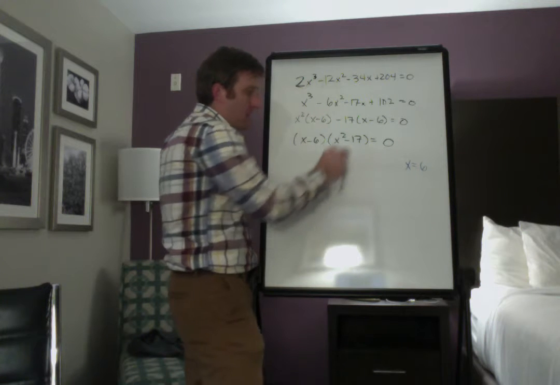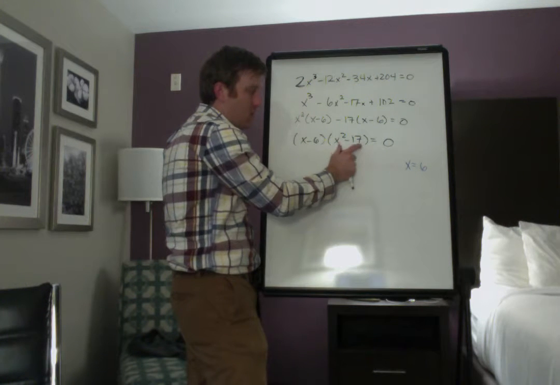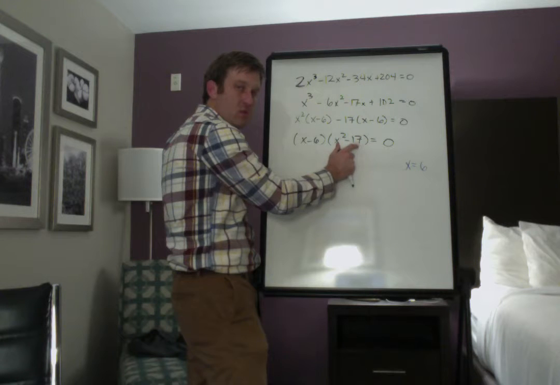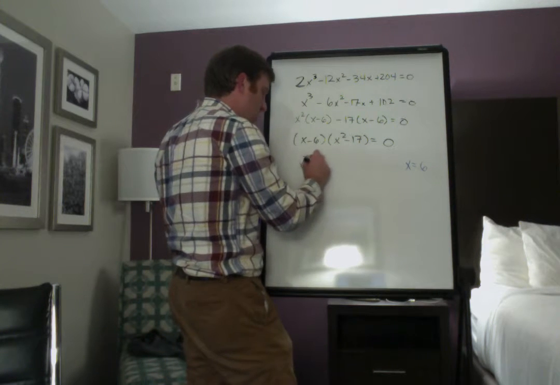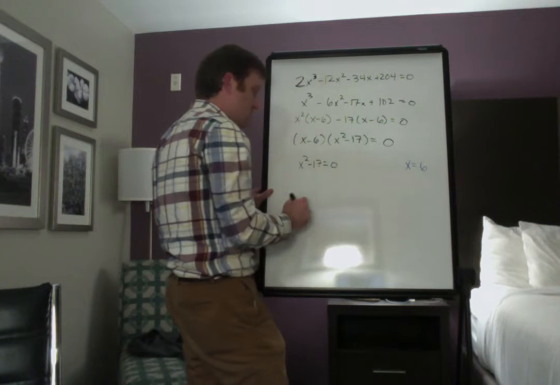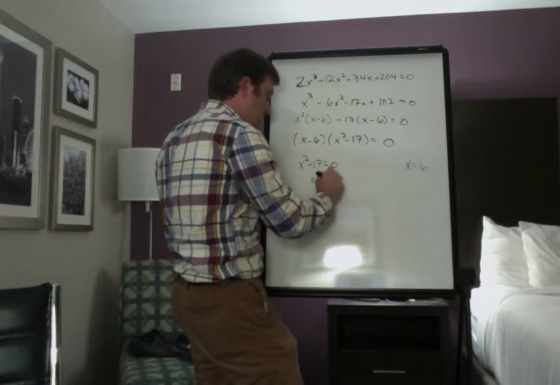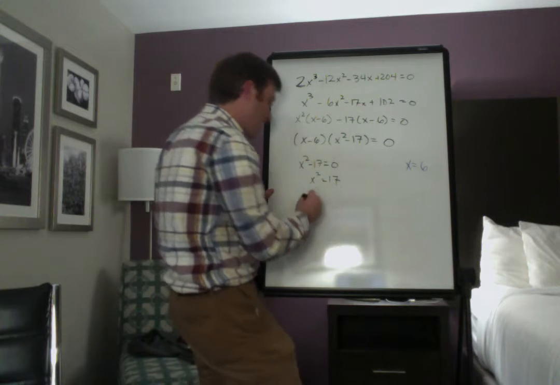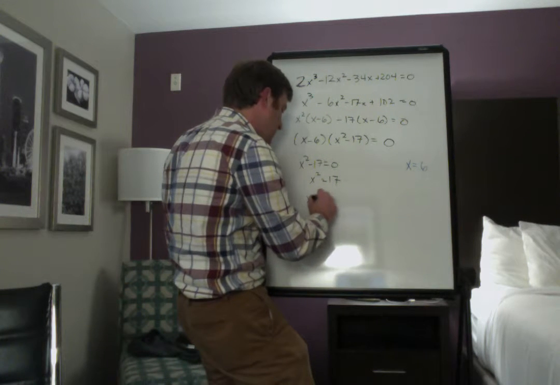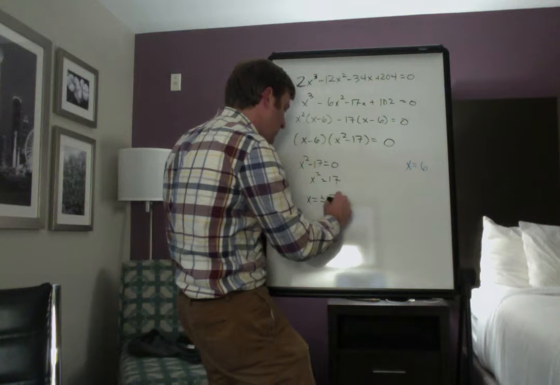Okay? 17 is not a perfect square, so this isn't a difference of squares. So I'm going to have to solve this algebraically. So I'm going to say, what if x squared minus 17 equals 0? Well, then x squared equals 17 when I add 17 to both sides. And I take the square root of both sides and I find that x equals plus or minus root 17.